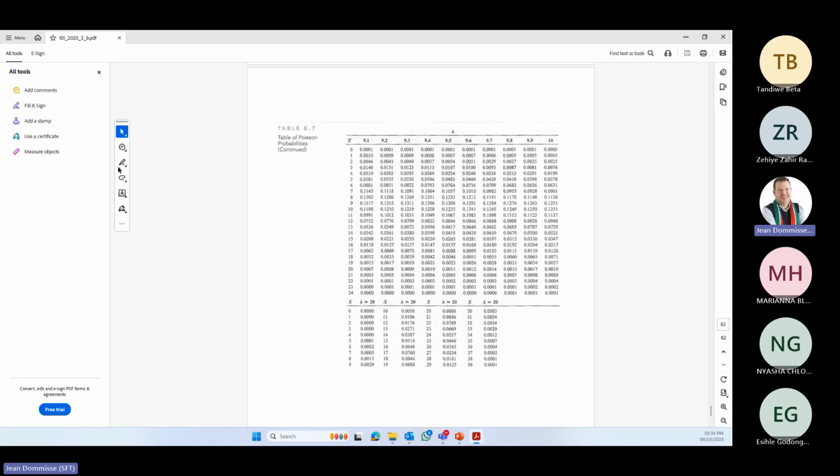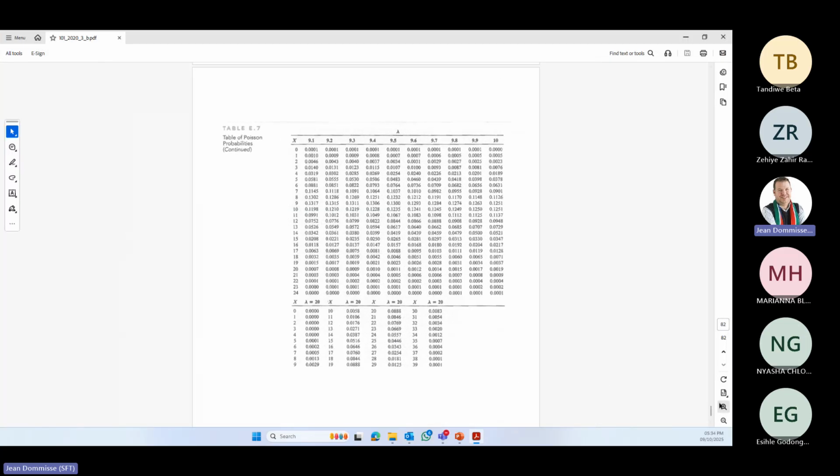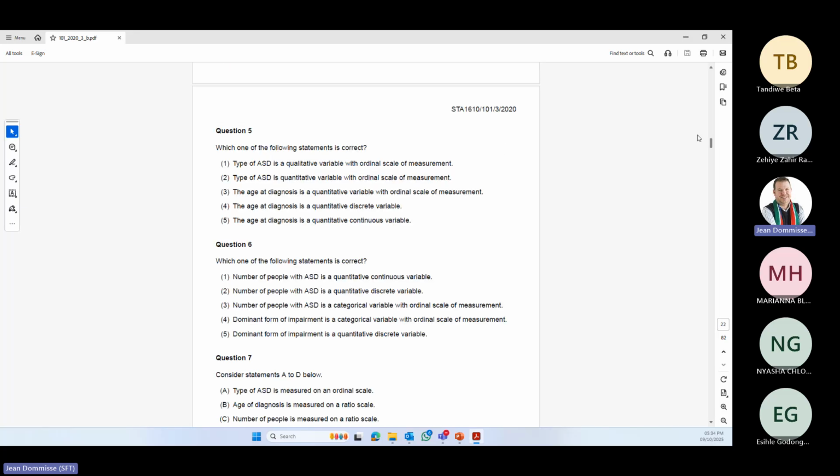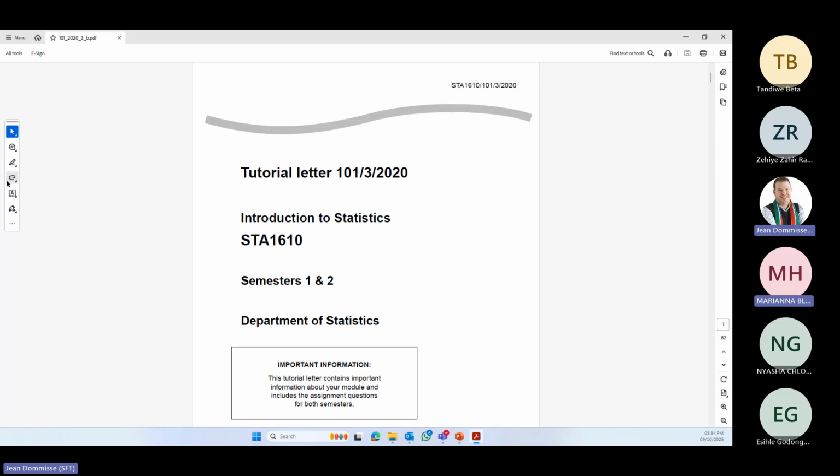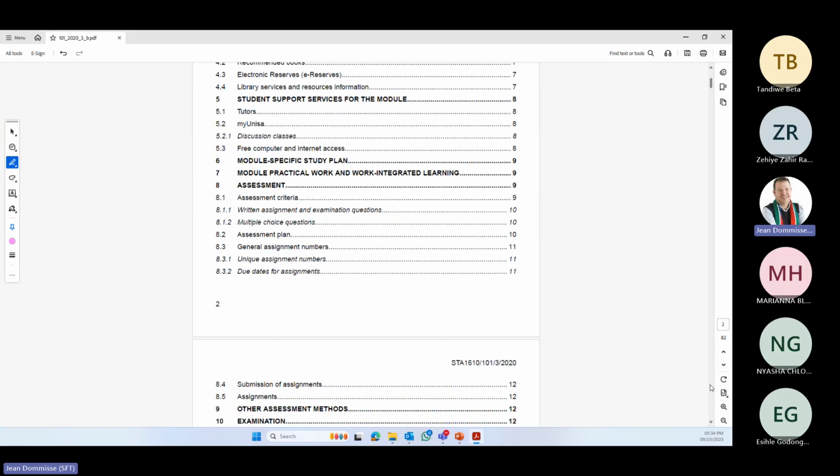It's a 2020 TAT letter, and remember 2020 was just before COVID times.